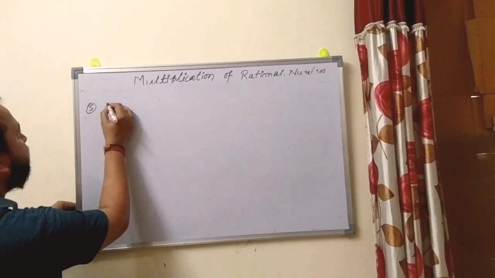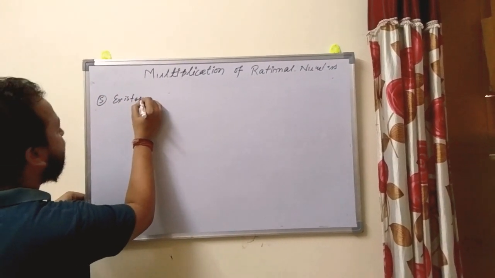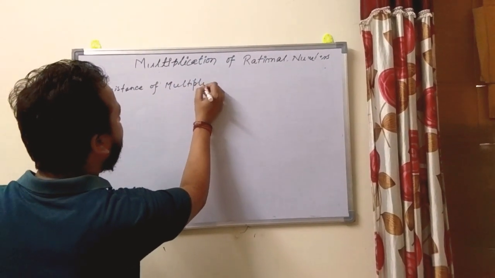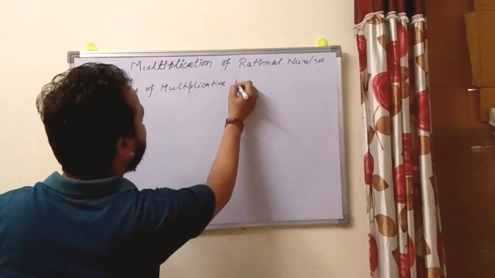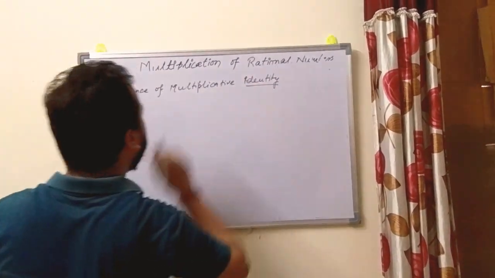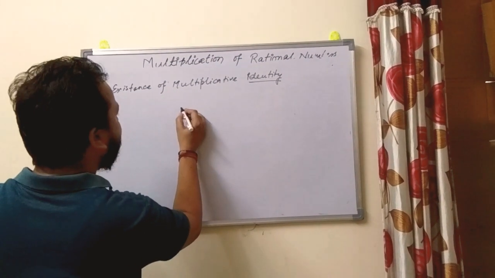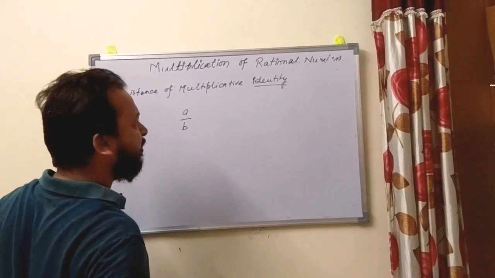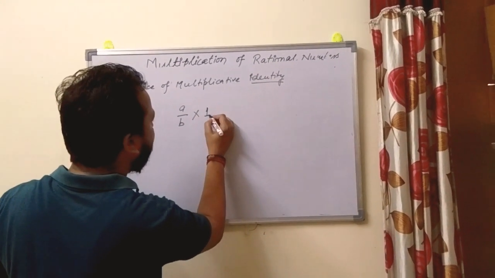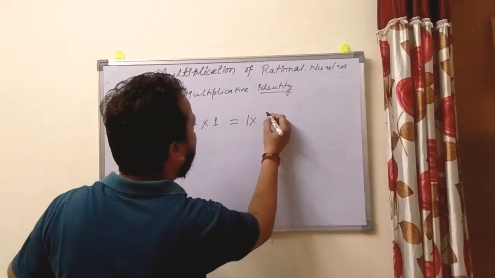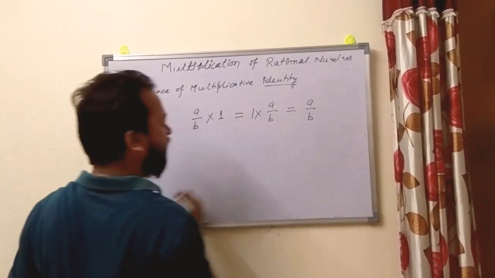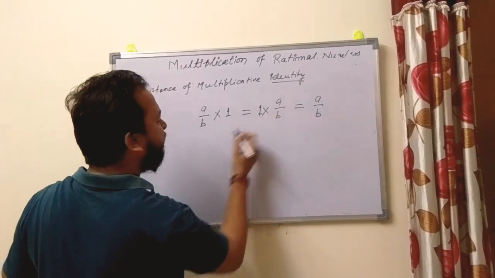So now come to next property. So fifth property is existence of multiplicative identity. If any rational number is a by b, so for any rational number a by b multiplied by 1 or 1 multiplied by any rational number, the answer is always a by b, right?